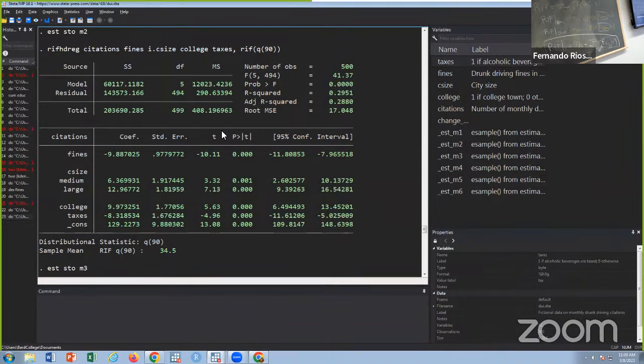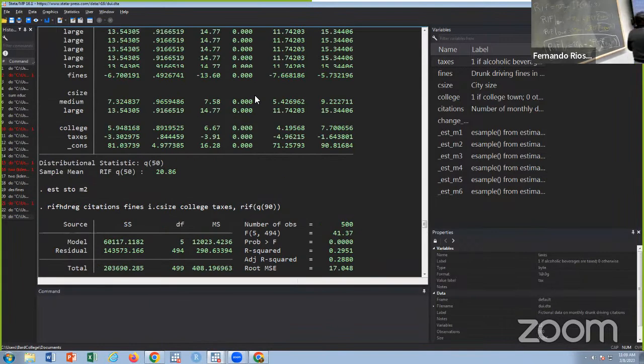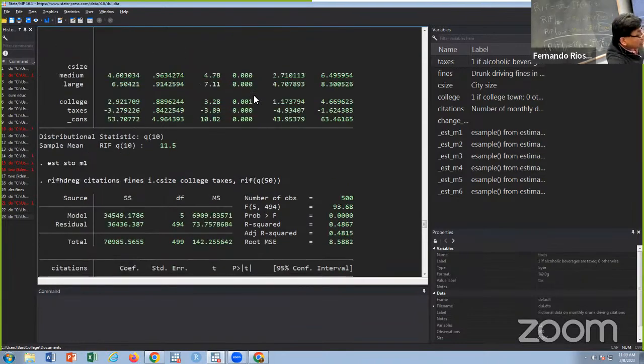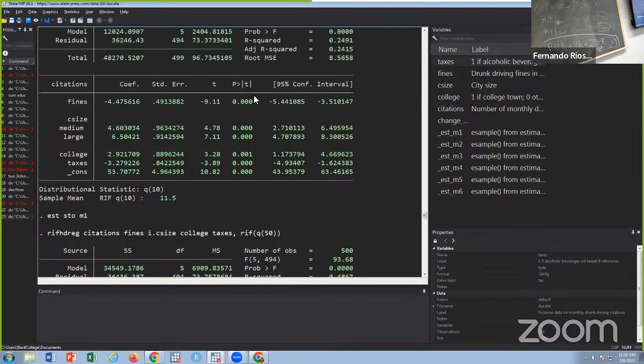Here, this is 10%, this is 90%, here is 50%, which is 20.86, and at the 10th percentile it is 11.5. Now, this is the distribution of citations.